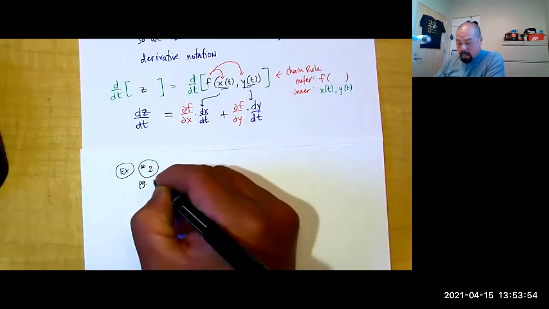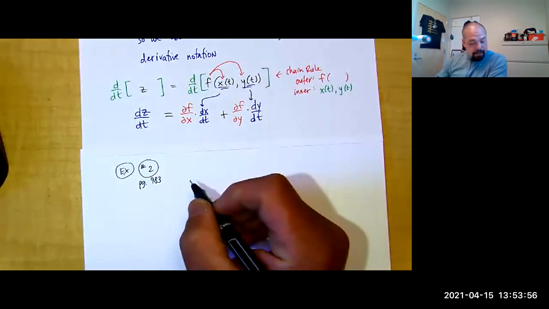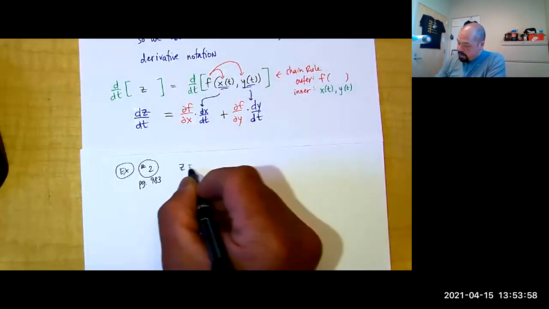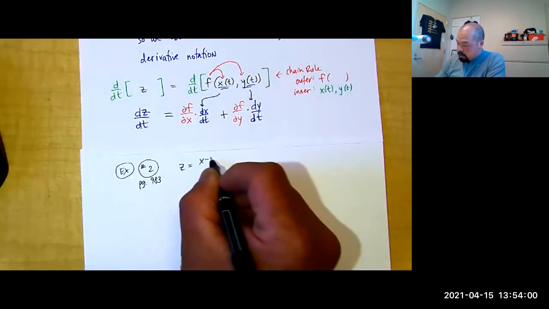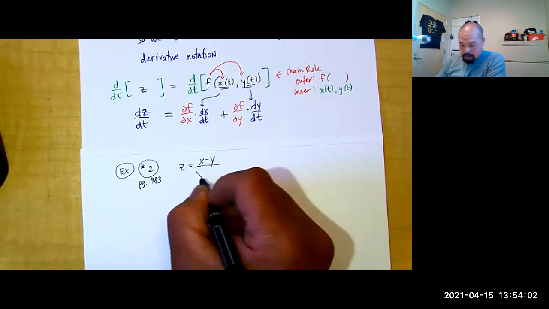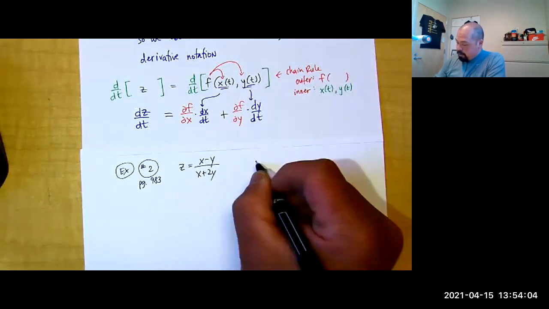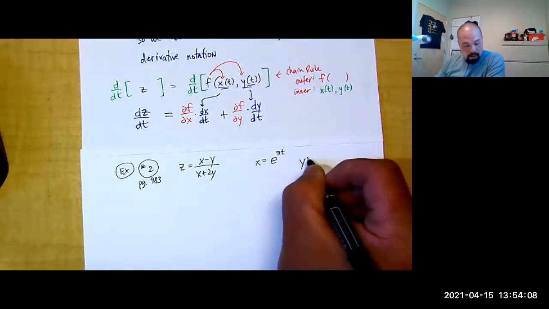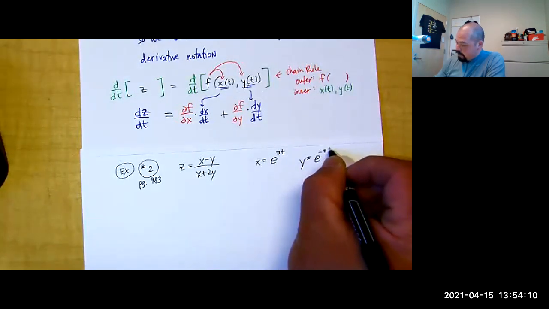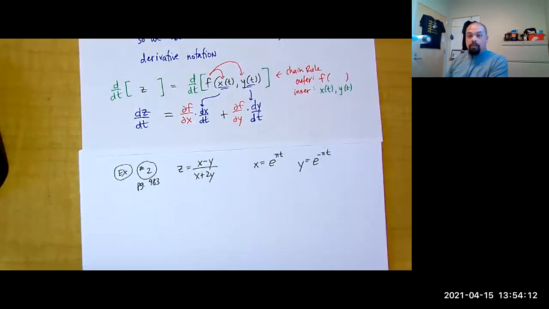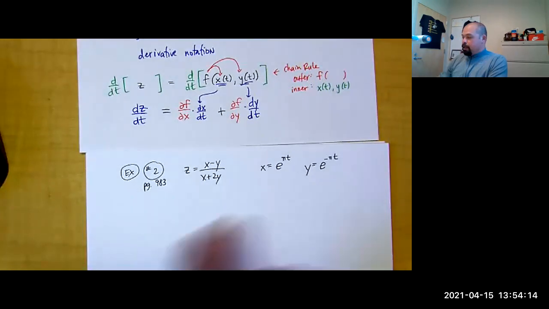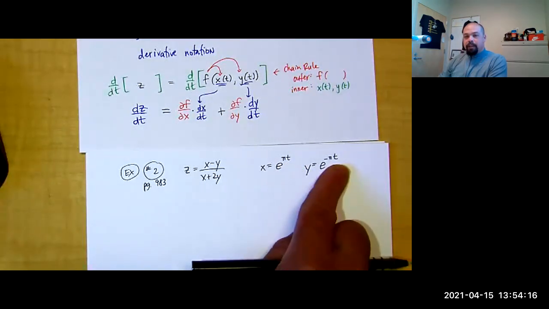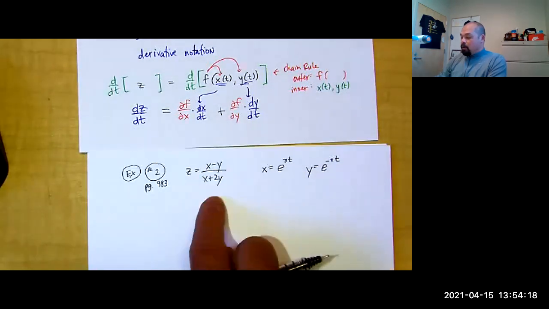This is on page 983 of the text that we're using for the course. We're given z is equal to x minus y over x plus 2y, where x is equal to e to the pi times t, y is equal to e to the negative pi times t. So there's my function of t, z the function of x and y.